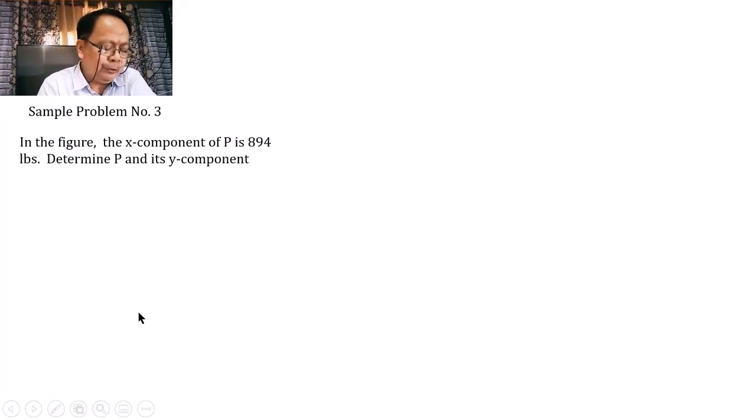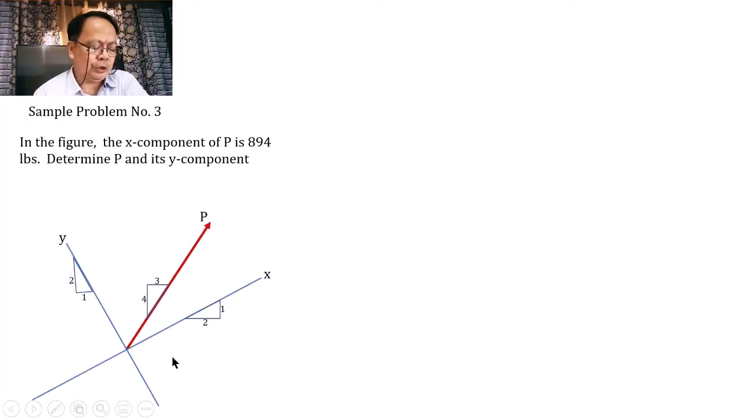In the figure, we have here our illustration. We have two mutually perpendicular axes x and y which are inclined at 1:2. The inclination of x is 1:2, while that of P, which crosses the intersection of x and y, is inclined at 3 horizontal, 4 vertical.